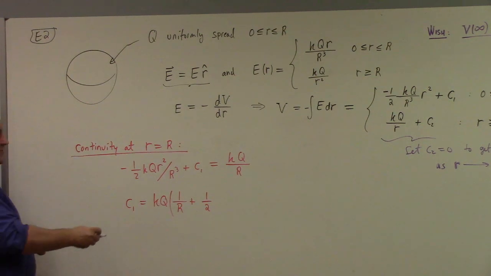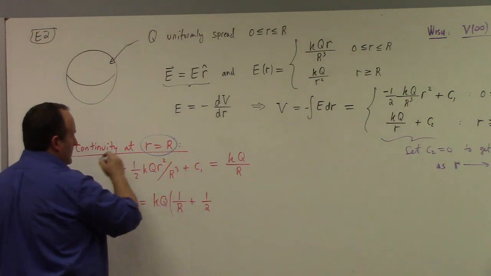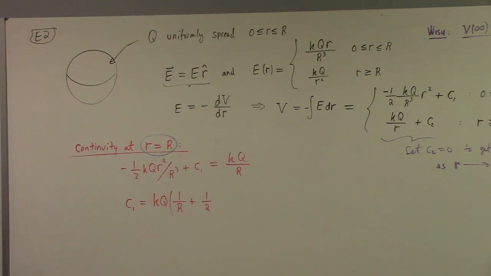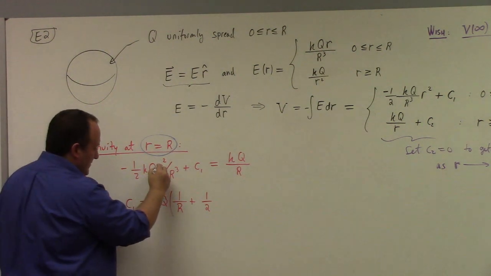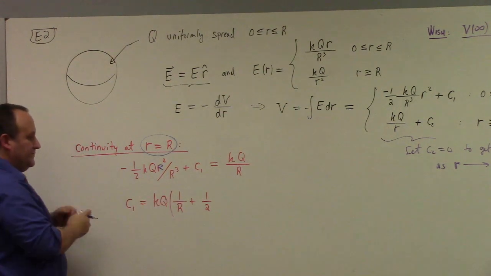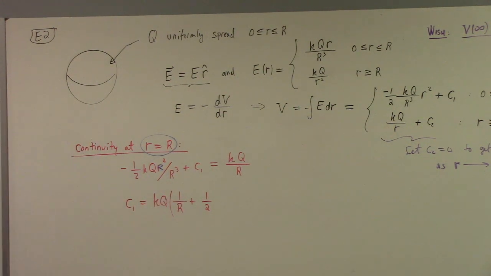If I could follow my own advice, r equals big R, which means that little r has to be equal to big R. So this little r squared is that, which then makes that term minus 1/2 kQ over R. It has to be. You're adding two things, they have to have the same units.